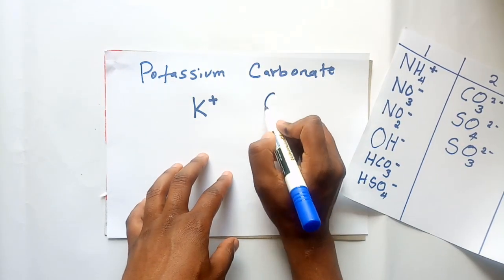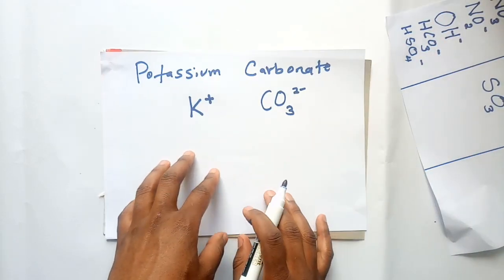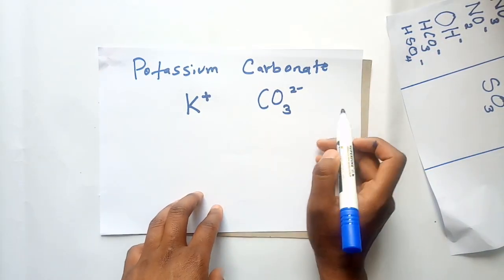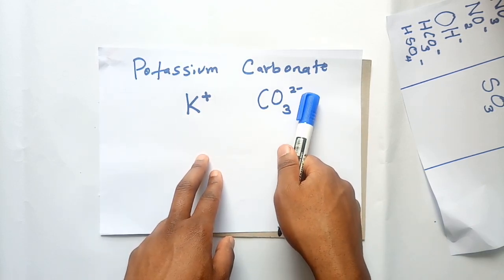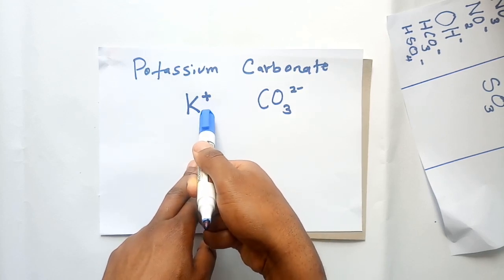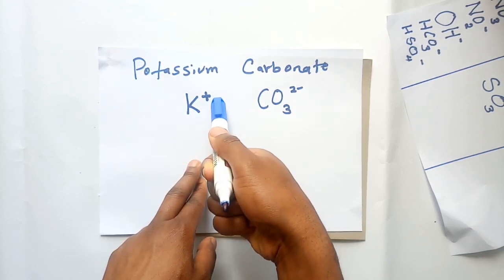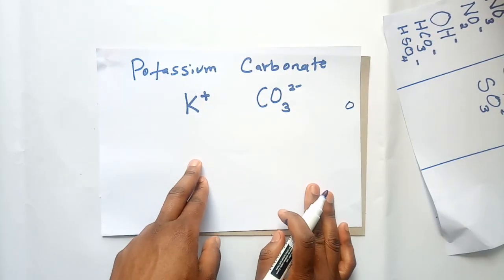So here is my carbonate. We said that the total charge must always be equal to 0. So if this one is 2 minus and this one is 1 plus, I have to make which one 2? Of course, this one. So 2 of these combined with 1 of these to give me a charge of 0.